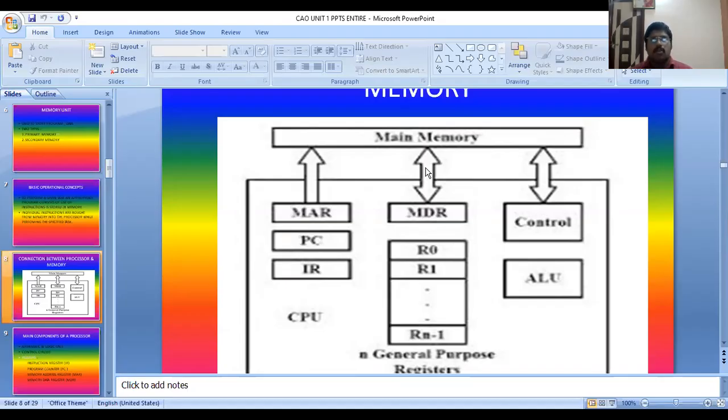I have already told you about R0 to R of n-1. They are nothing but general purpose registers. Along with the general purpose registers, in this class we are going to discuss what is meant by PC, IR, MAR, and MDR.